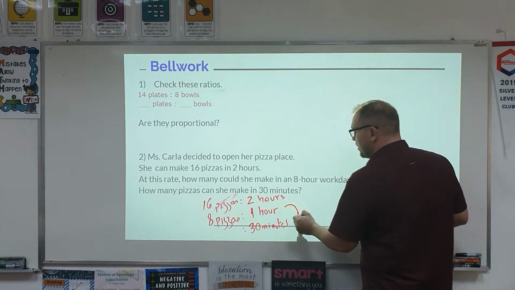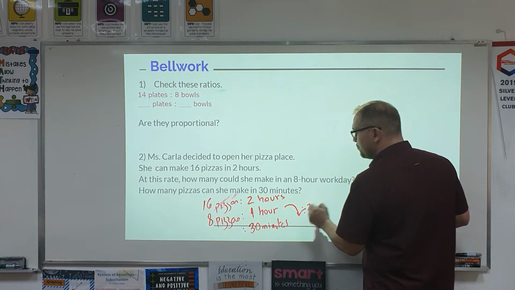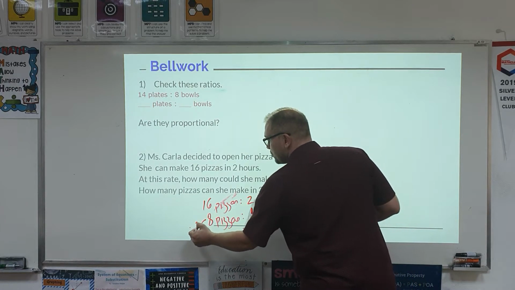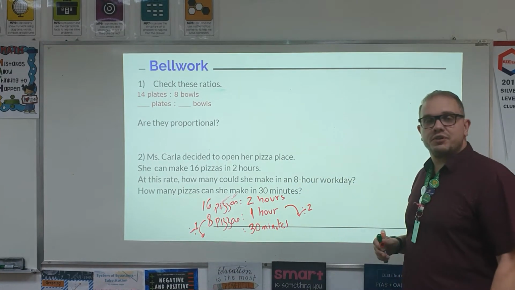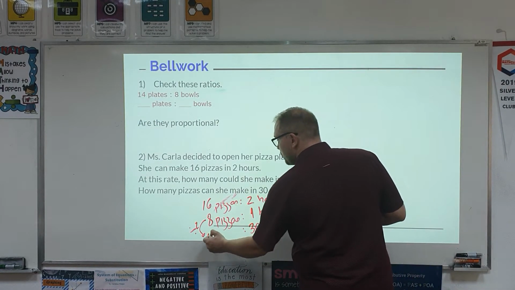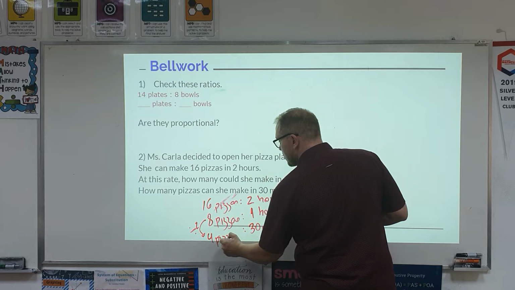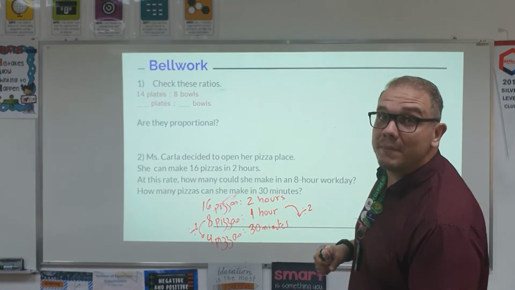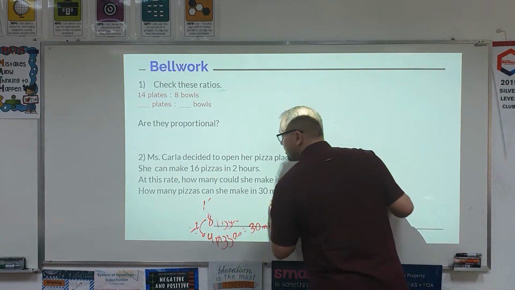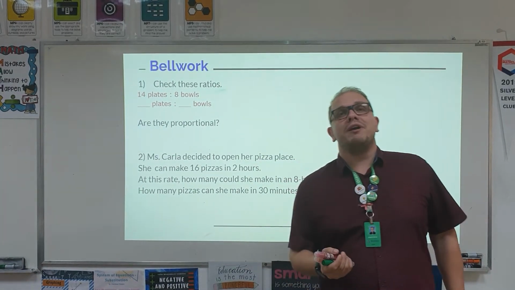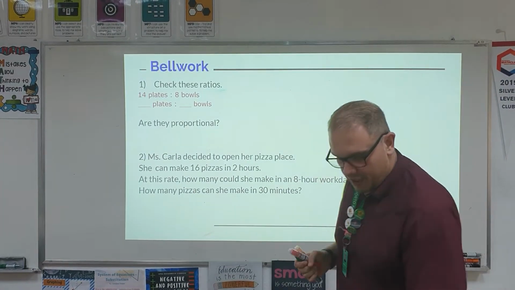So again, if I divide by 2, it means I can also divide by 2 to get my proportion, to get my equivalent ratio. So 8 divided by 2, 4 pizzas. Which means that she can make 4 pizzas in 30 minutes, okay? If you have any questions, again, search online any video for equivalent ratios and proportion.